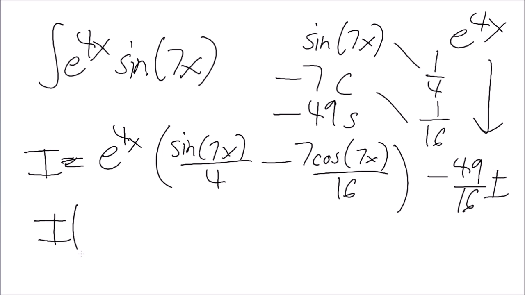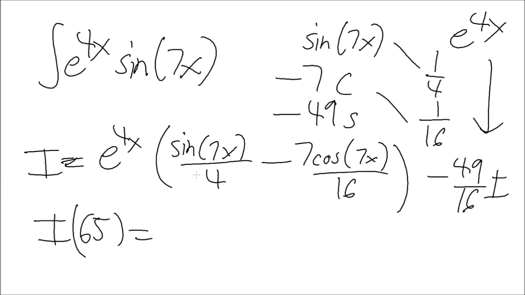This is what? What's 16 plus 49? I don't know, that's like 65. So I would divide by 65, whatever, right? So again, ugly, nasty constants, but I would prefer doing it this way because it's just a lot faster.